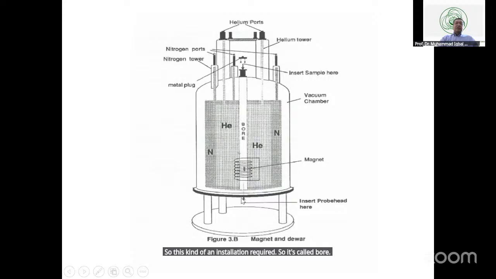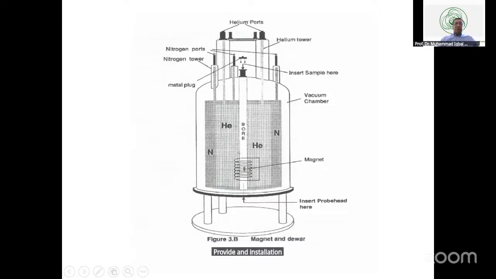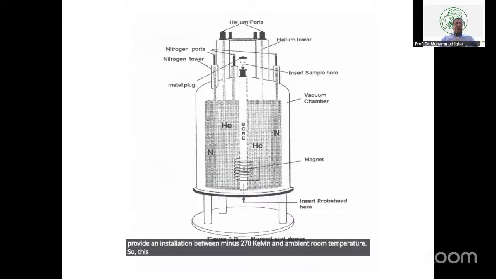And you have seen this probe, which is inside. The probe is inserted from here down there, and the sample is inside the probe. That probe provides insulation between minus 270 Kelvin and ambient room temperature. So this is the kind of setup you need.